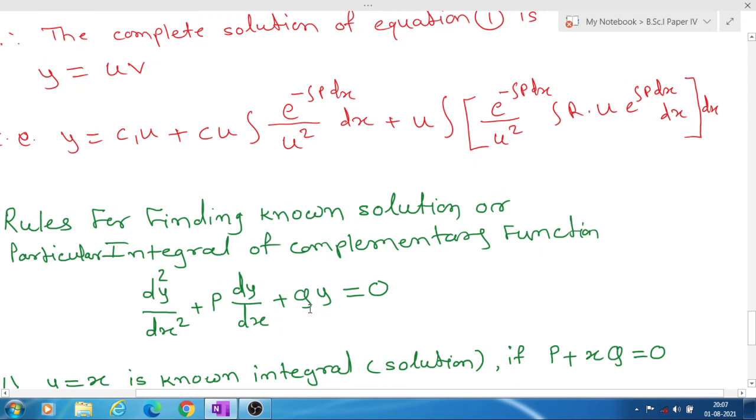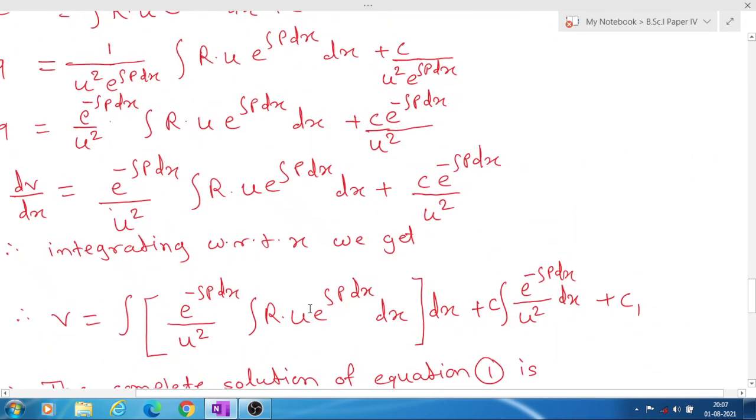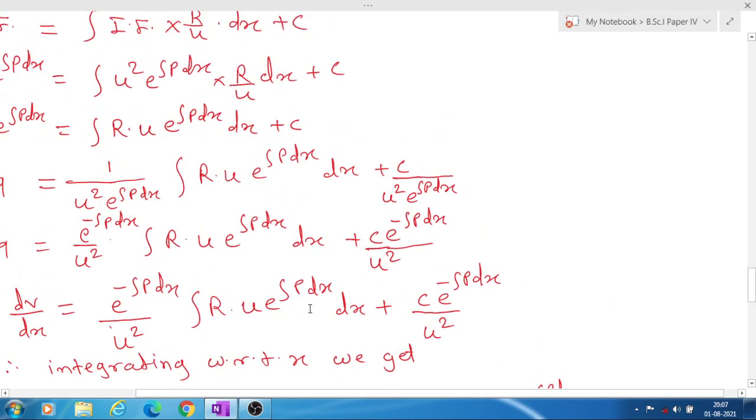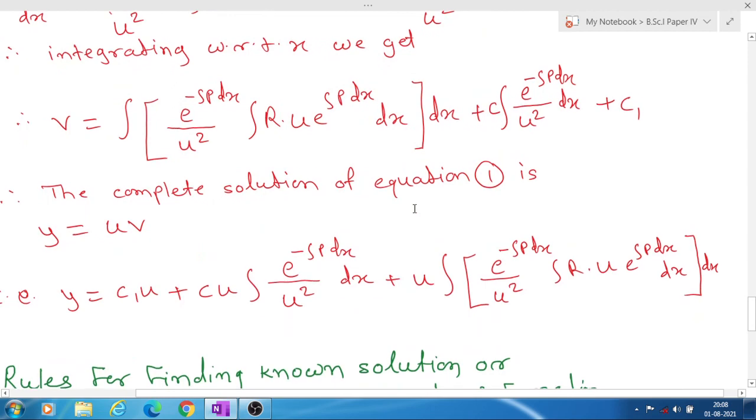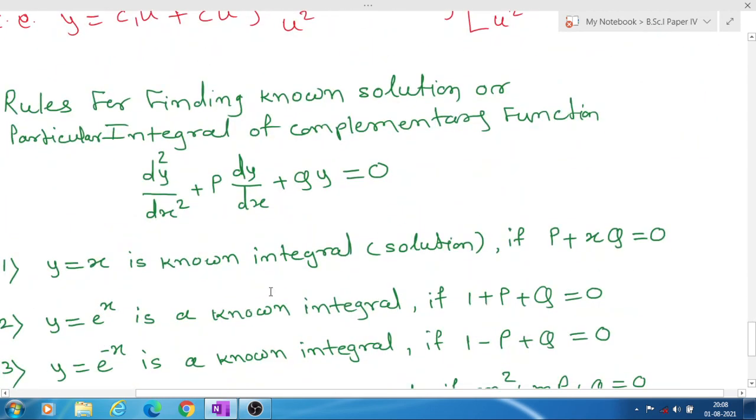So this is how we can find the solution when one solution is known. So we stop here.